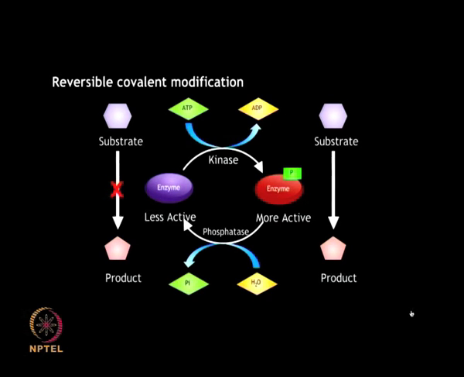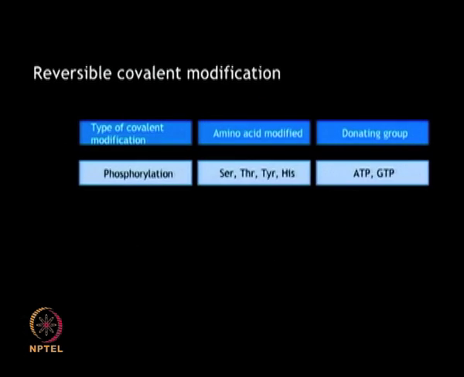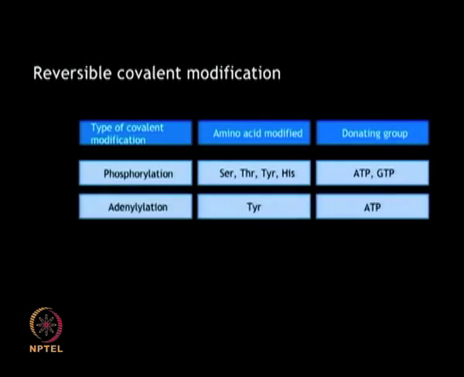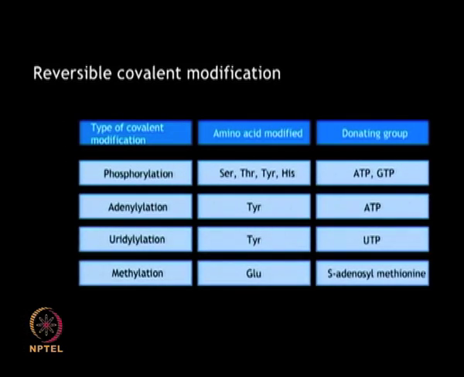Dephosphorylation is carried out by the phosphatase enzyme. Apart from phosphorylation, which most commonly takes place at serine, threonine and tyrosine residues, other reversible covalent modifications include adenylation, uridylation, methylation and ADP ribosylation, which modify different amino acid residues of the protein.